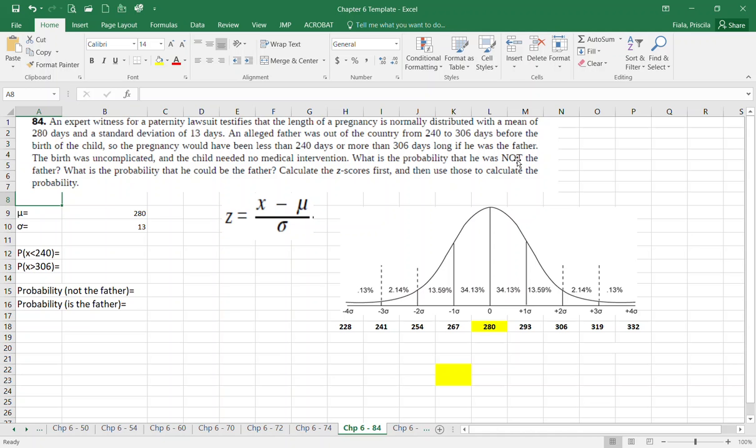So the probability that he's not the father is all this right here. But the probability that he could be the father would be everything else. So if he was out from here to here, so these two values here, yes, he could be the father. And then this value here, and then a little more from the 3, not the whole, but I'm going to mark both.